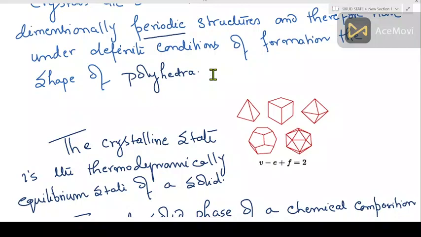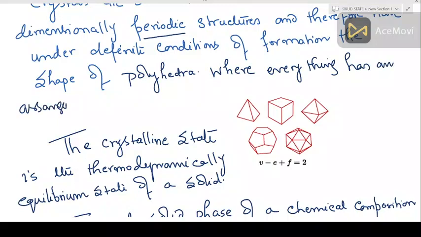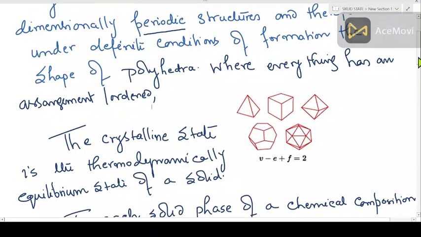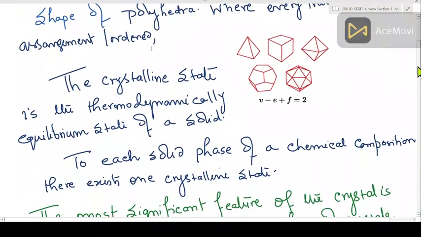Everything is very well arranged in crystals. Crystals are something where everything has an arrangement. Arrangement means everything is ordered. They follow some rules, and there are certain equations that are followed. This all defines the definiteness of the crystals.